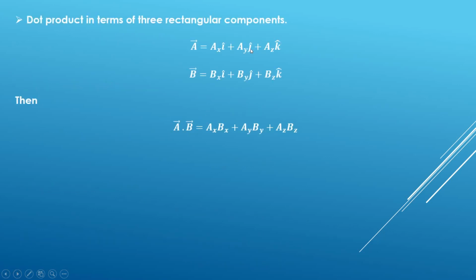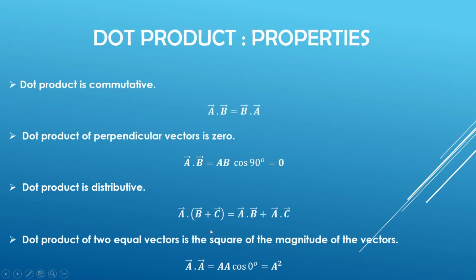Similarly, i with k, j with k, k with i, k with j, these all will be equal to 0. So ultimately you will get this. This distributive law is also very easy to prove. You will require the triangle law of vector addition. Please try it yourself.